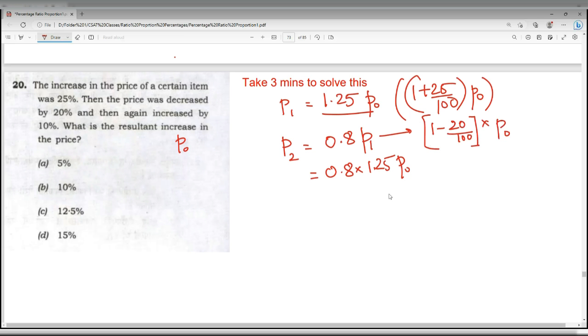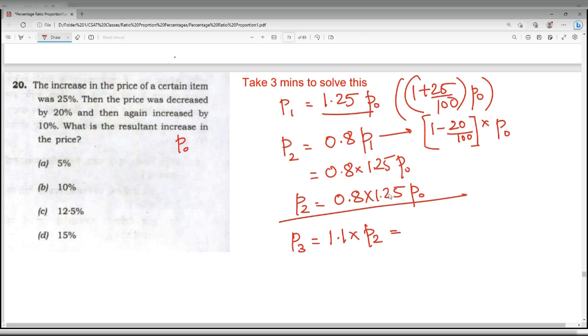Now we have P2 as 0.8 into 1.25 into P0. And then there was one more round, this time they increased it again. It is 1.1 into P2, where P2 is this whole value. So 1.1 into 0.8 into 1.25 into P0.